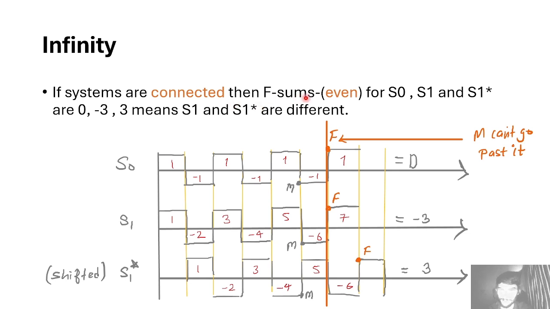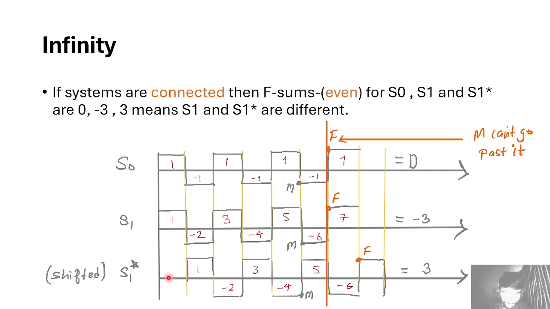For the connected system, you get the f sum even for S0, S1, and S1 star. So you see we have the f marker at even position, right? This is a shifted one, but now the systems are connected. So with this, m will be common for all of them, and with respect to m, only one f marker will be considered infinity, right?